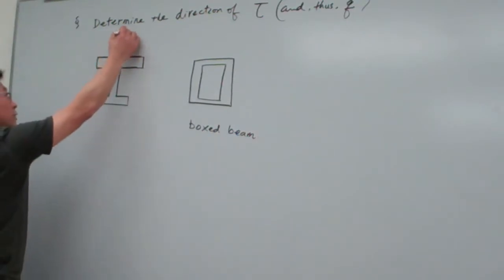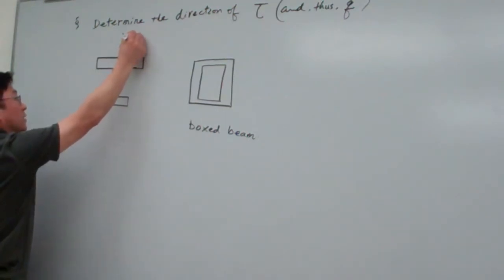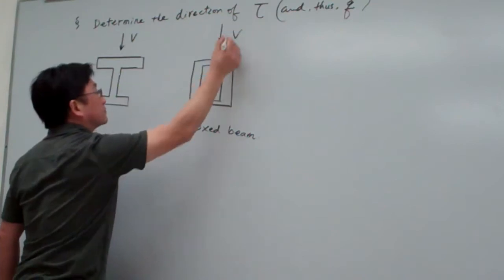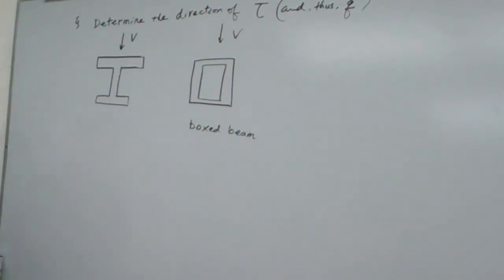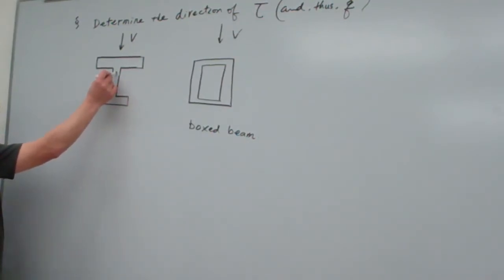Assuming we have determined the transverse loading, for example, here I demonstrated in the vertical direction, then by all means, the first step in your calculation is to determine the centroid.